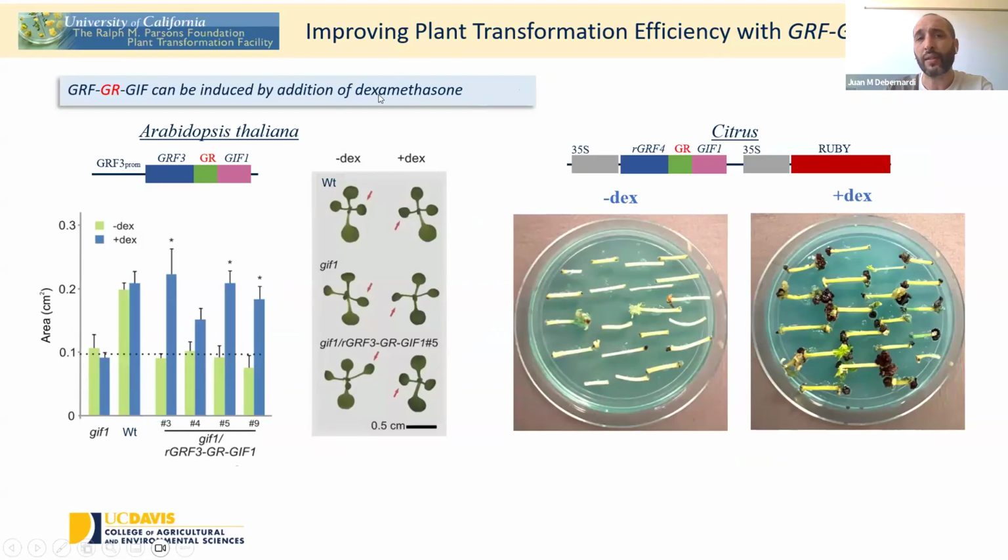For example, this is a dexamethasone inducible version that we validated in Arabidopsis, and we also have the tool working in citrus and in other crops. We cloned the glucocorticoid receptor into CRF sheaf, and with that, you can control it just by adding DEX into the media. We observed that DEX for some crops like tomato could be toxic, but the system works very well in other crops, and there is also a tool from the Shonines in wheat.